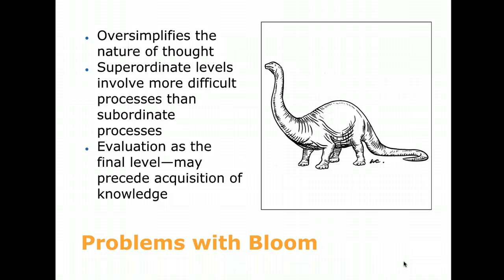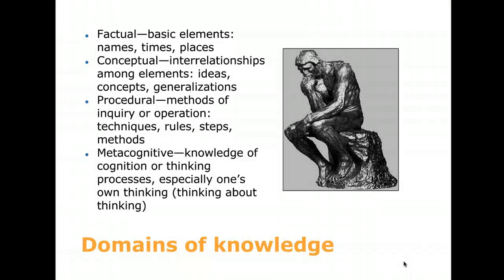I may need to make some deliberate decisions about something before I go about deciding what I want to know or what I want to understand. So it's not necessarily a one-way linear approach to learning like Bloom suggests.